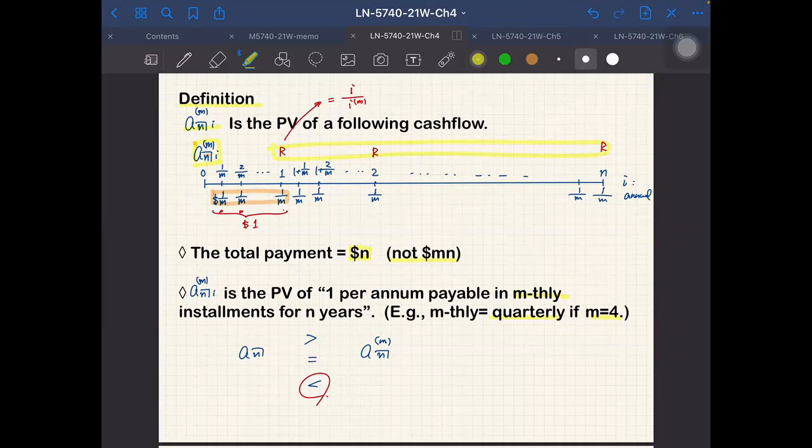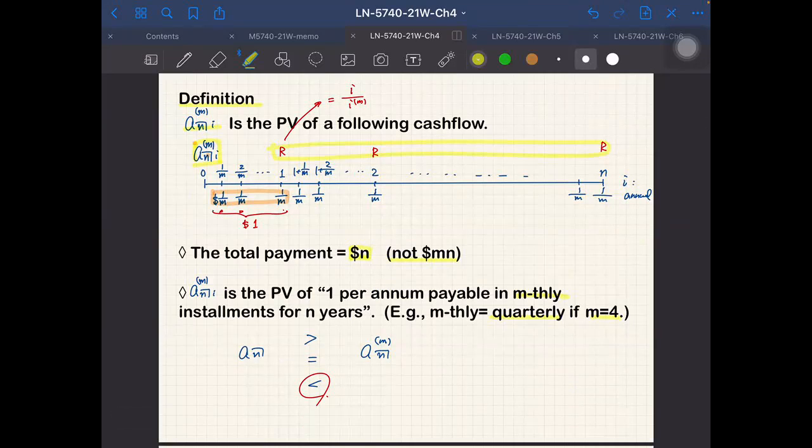Another case is that the payment frequency is more frequent than the interest earning frequency. In this case, it's more complicated because we basically have to split the $1 into several smaller payments.